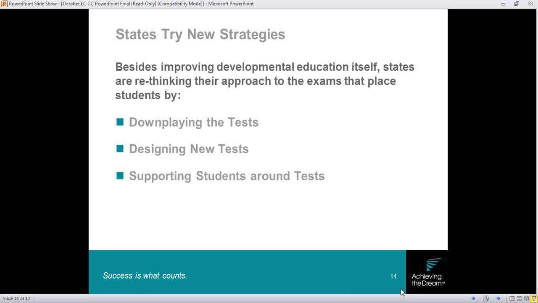New Jersey College, Cumberland County College, has tried a 6-hour refresher course for students who do not pass the placement exam, and they're reporting that more than 85% of students who took the refresher subsequently passed college-level English, and that cost students $35.